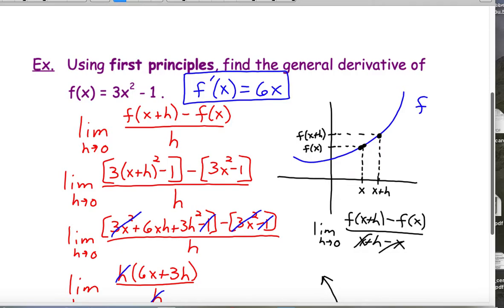So now if I say, well, what's f prime of 4? Well, it's going to equal 24. That means for my function, at 4, the slope of the tangent line is 24. So now I wouldn't have to calculate the specific derivative at a whole bunch of points if I needed to. I could just use my general derivative and evaluate it at each of those x values.